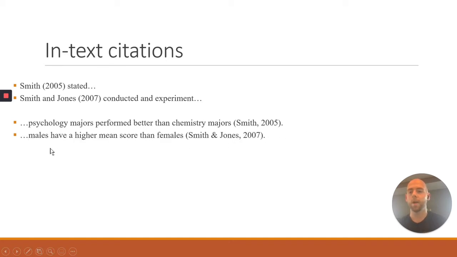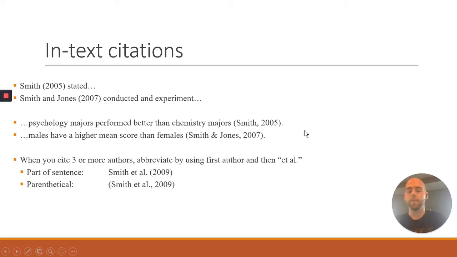A new rule for the 7th edition of the APA guide, I won't confuse anybody by talking about the rules from the 6th edition, but things are different when you have 3 or more authors. As soon as you have 3 or more authors in your text, you are going to replace the names of all but the first one with the phrase et al, which is a Latin phrase meaning, basically, and the rest.